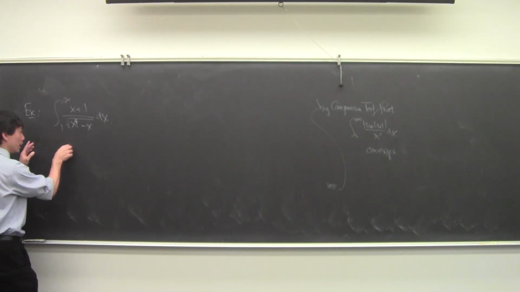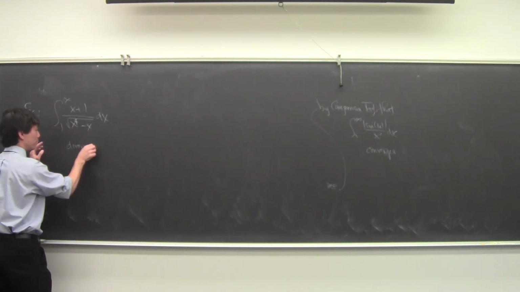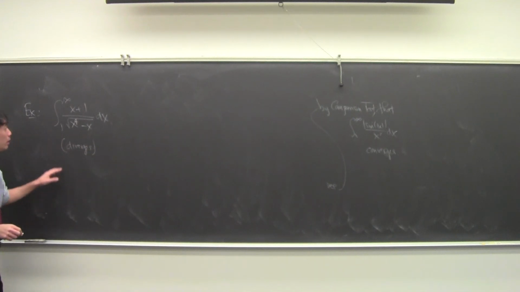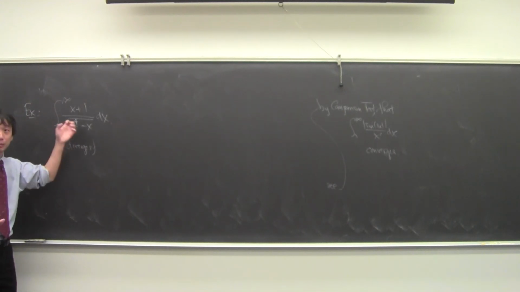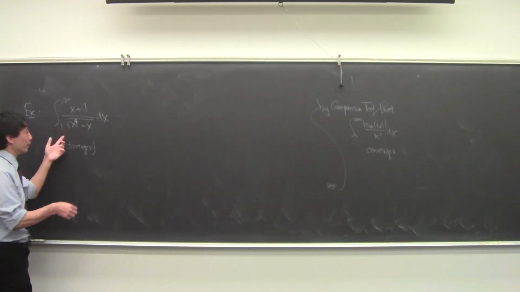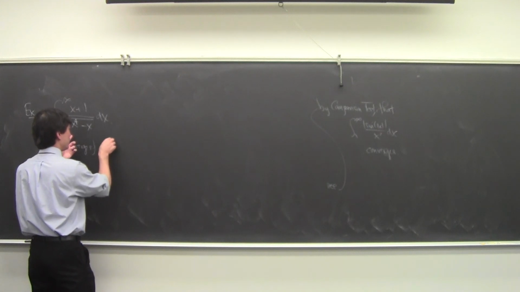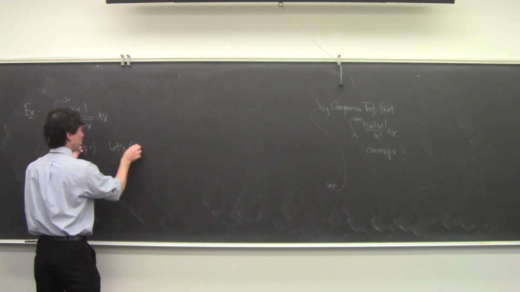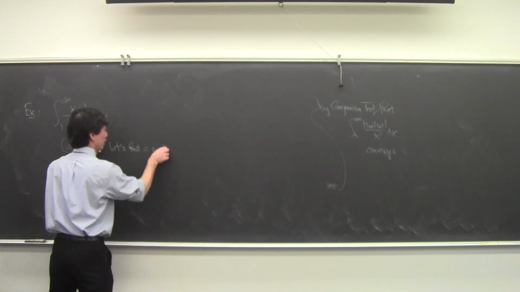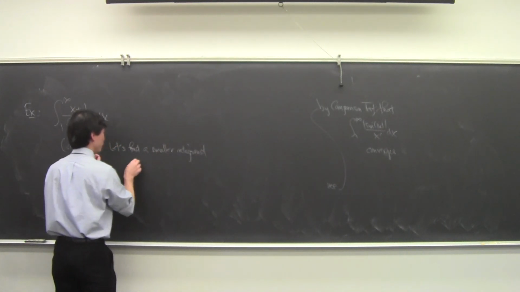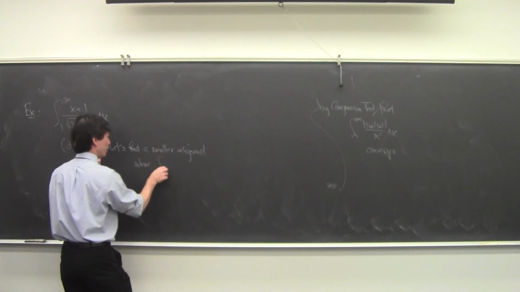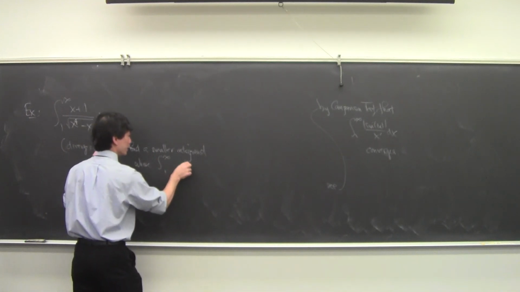Secretly you think it diverges. Then you have this guess in your mind, and you think, okay, I want to find something smaller than this that diverges, right? So let's find a smaller integrand whose integral diverges.